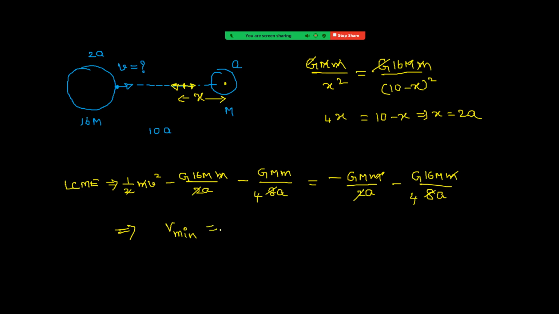V minimum comes out to be, I'm taking it directly here, 3 root 5 upon 2 times root of G M by A. After making that calculation, we are going to get 3 root 5 upon 2 into root of G M by A. This is the final answer. So the key point is that on reaching this point, its velocity becomes zero, meaning just crossing that point. Then because of its gravity, it moves automatically.